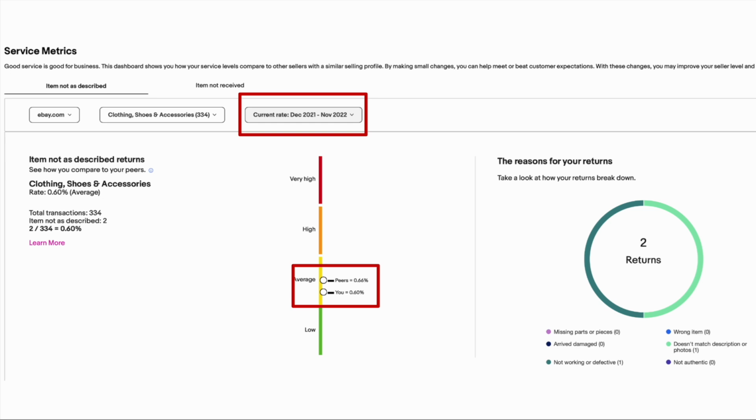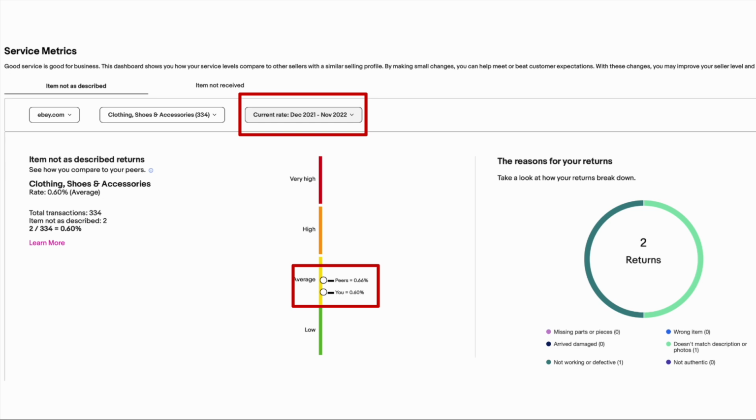And the current rate there that says December 2021 through November 2022 is the most current time frame. And this can vary based on how many items you're selling, but I fall in that category where they look at an entire 12-month period.